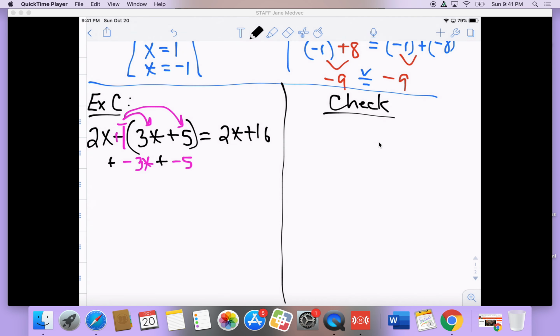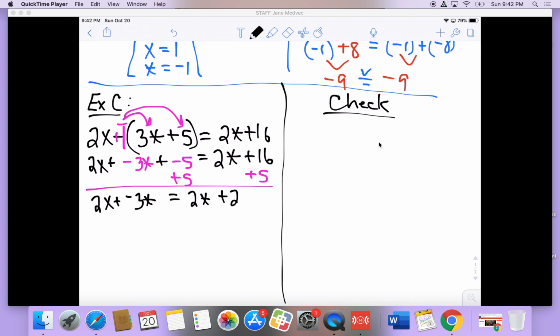Now it's just a matter of doing what you would like to do with this problem, and it's kind of up to you on how you want to handle it. I think what I'm going to do is add my 5. 2x plus -3 star equals 2 star plus 21.